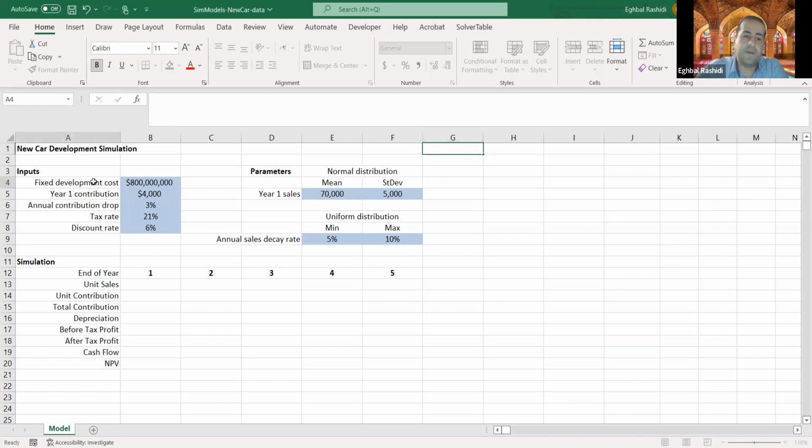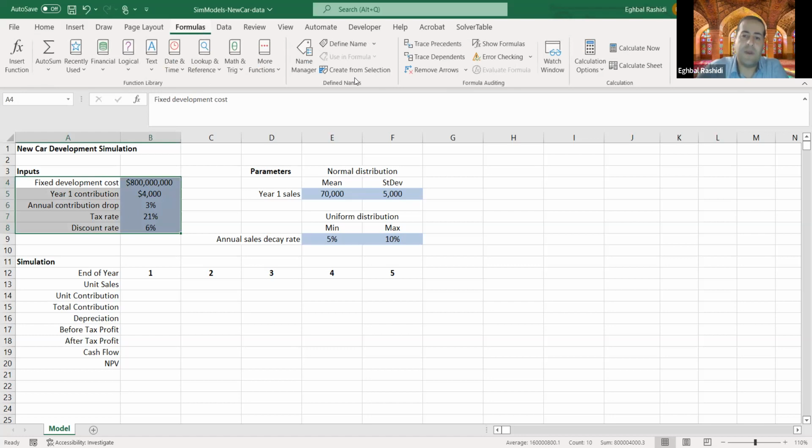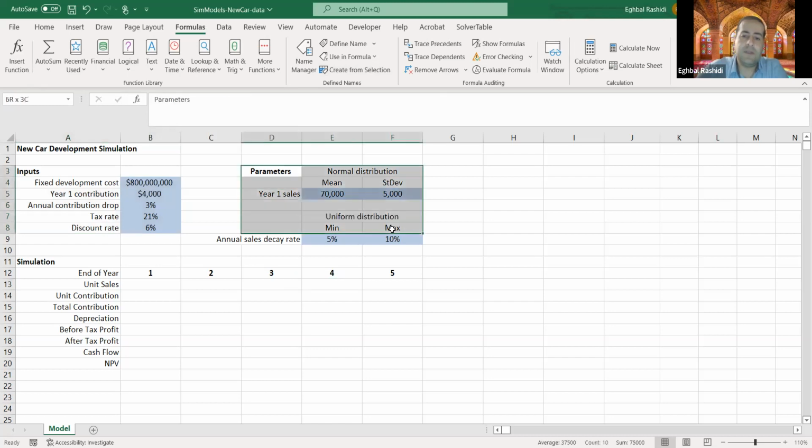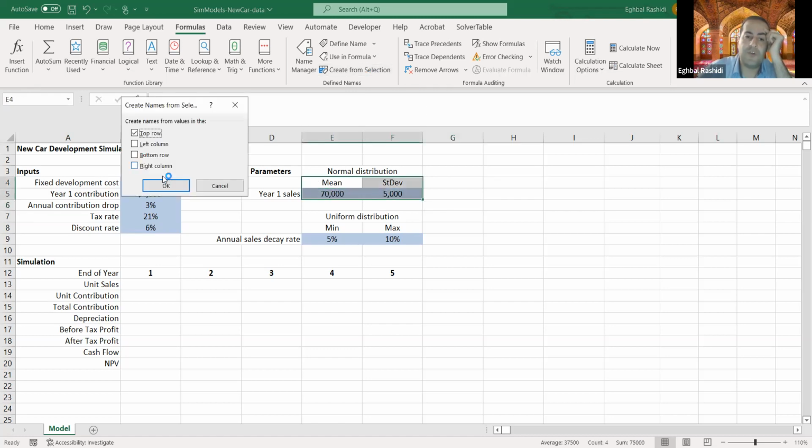So first thing first, I'm going to use range names for these values. I'm going to name them. And here you see the uncertainty distribution for the sales, for the normal distribution and for the uniform distribution, which are used for car sales.